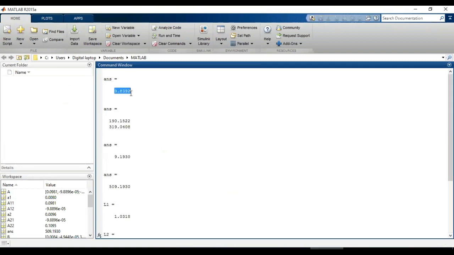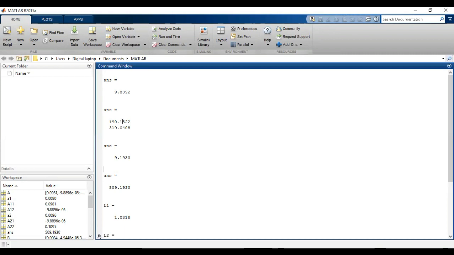So this is the system lambda, which is 9.8392. This is my PG1. This is my PG2. This is my PL, which is the lost power. Since my load is 500 megawatts, in this case you can see PG1 is 190.1522 megawatts, PG2 is 319.0408 megawatts, and this is my power loss.